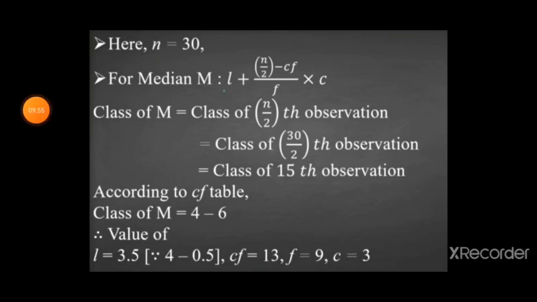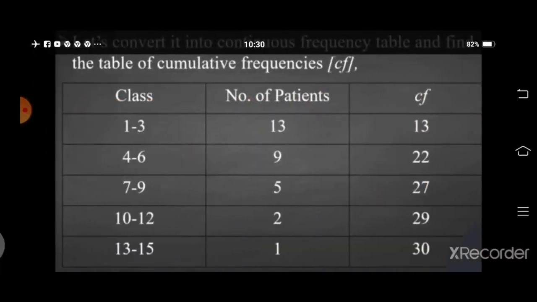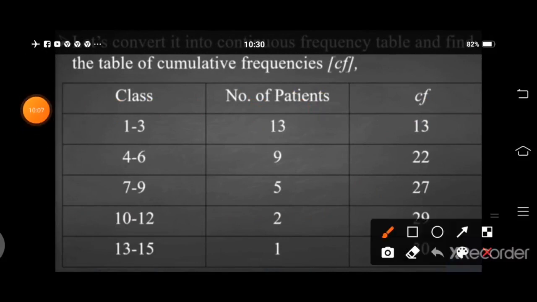Now, according to the CF table, the class of the 15th observation: more than 15, 22 is there. According to that, the class is 4 to 6.